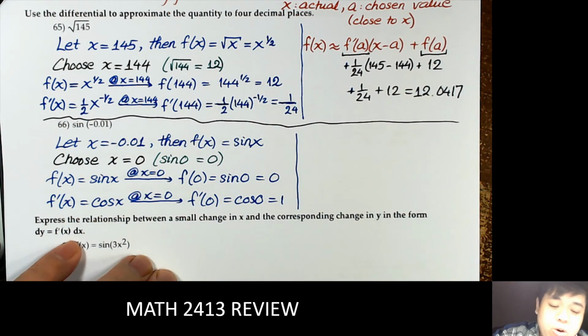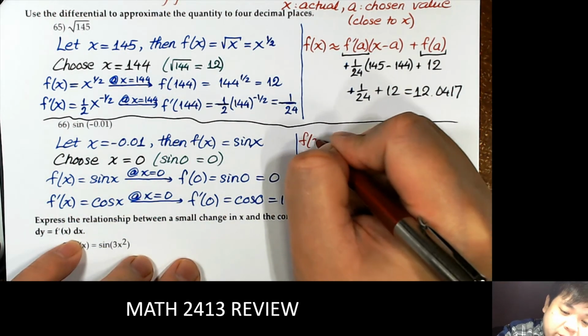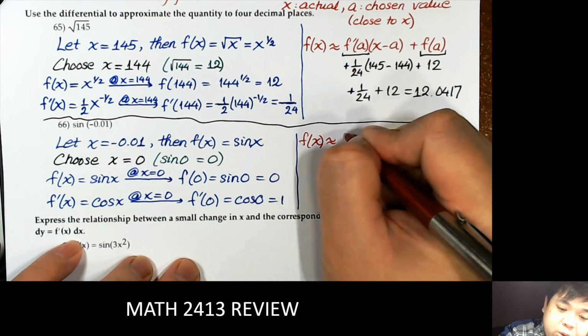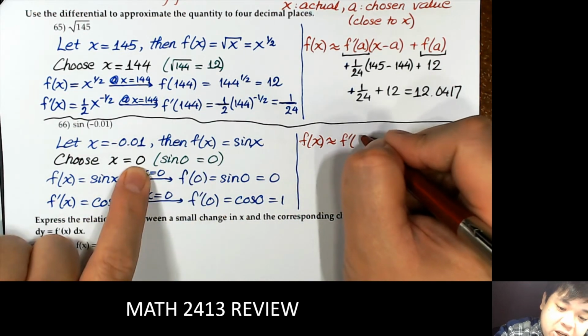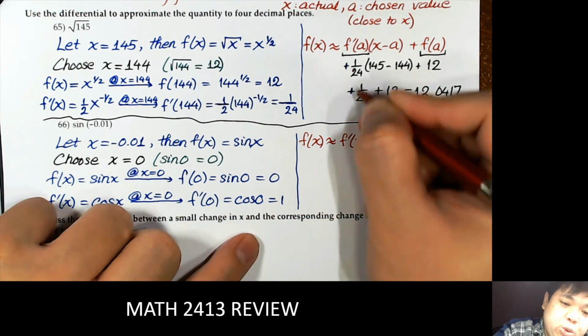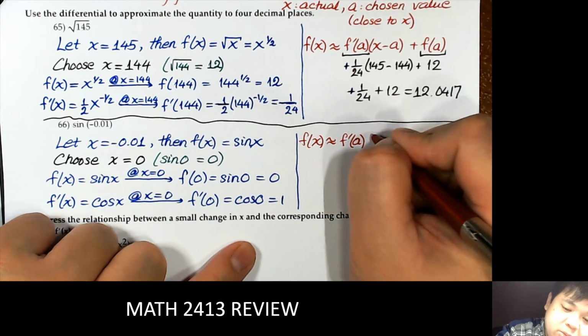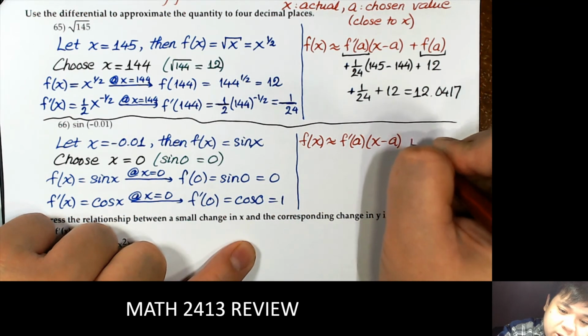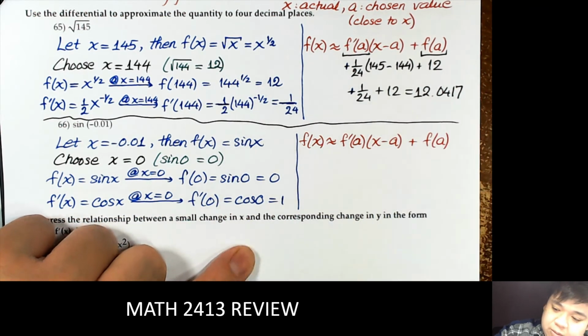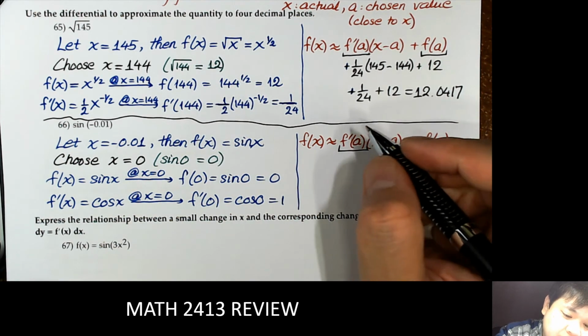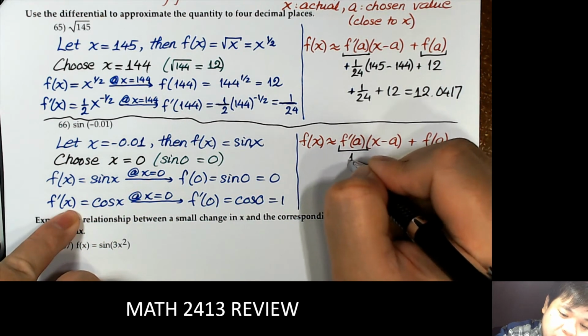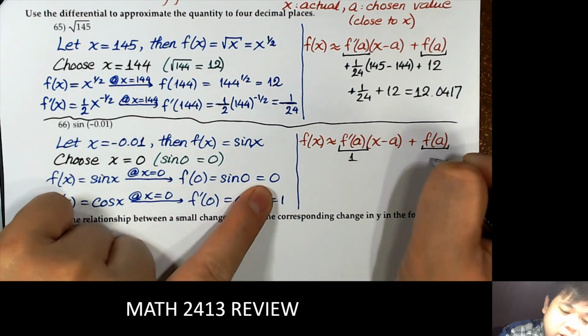Then the formula for linear approximation. The value of the function is approximately equal to the value of the tangent line at 0. We could put 0 there if we want to, but let's just use the formula. The derivative is 1. The value of the function is 0.